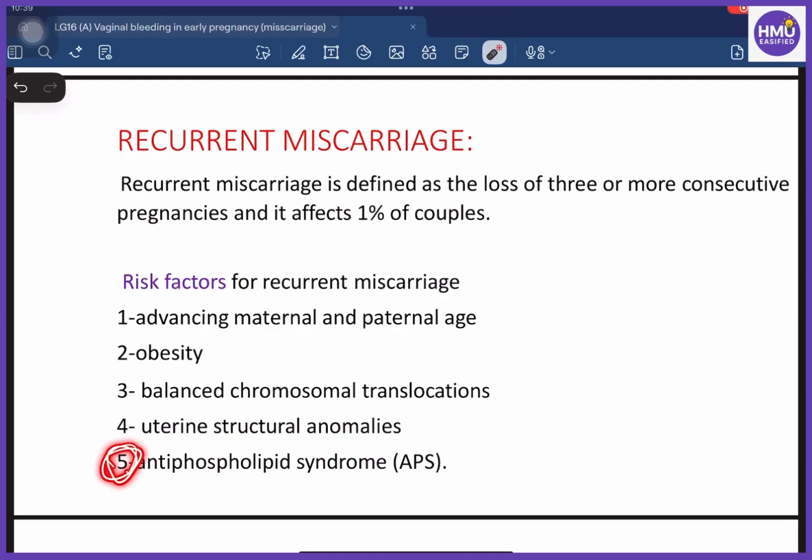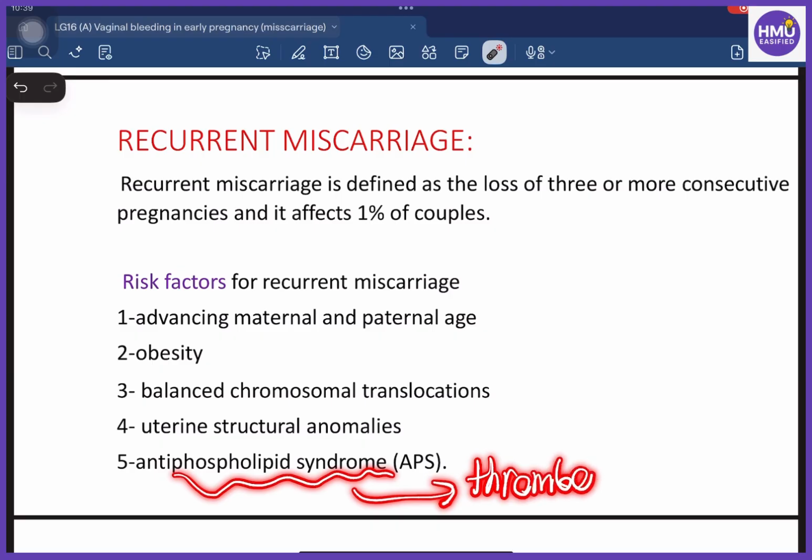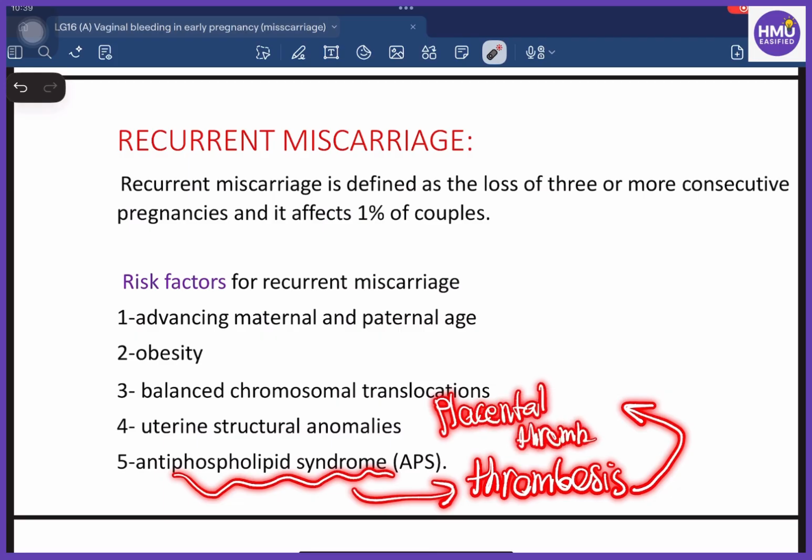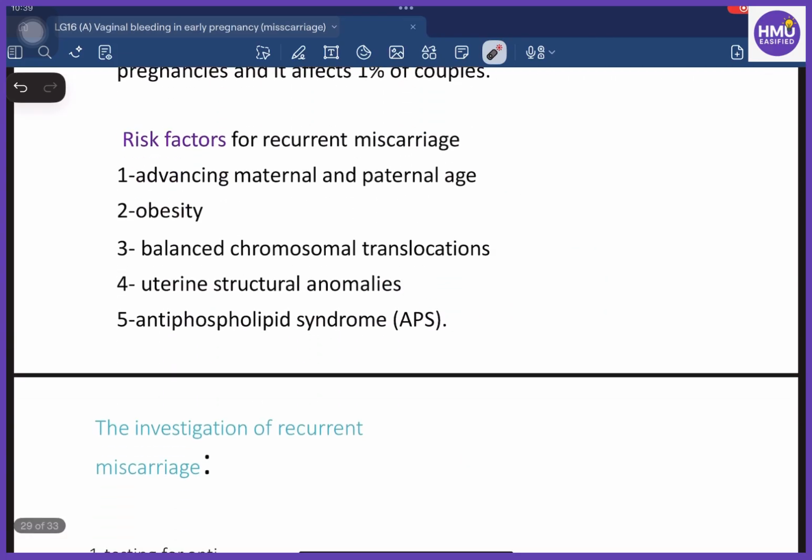Later we have antiphospholipid syndrome. Antiphospholipid syndrome is an antibody against the phospholipid. The outcome of the syndrome is thrombosis. Thrombosis is bad for pregnancy because it causes placental thrombosis, so there will be clots, placental thrombosis, and then there will be miscarriage.